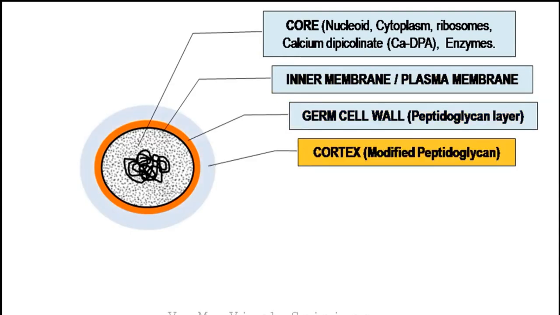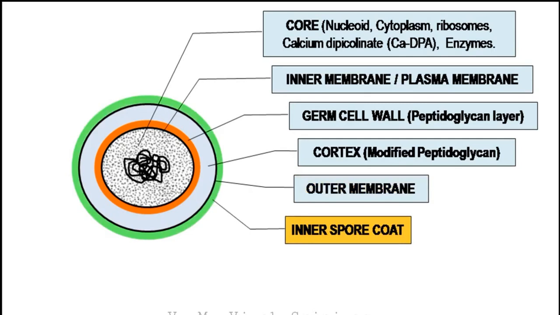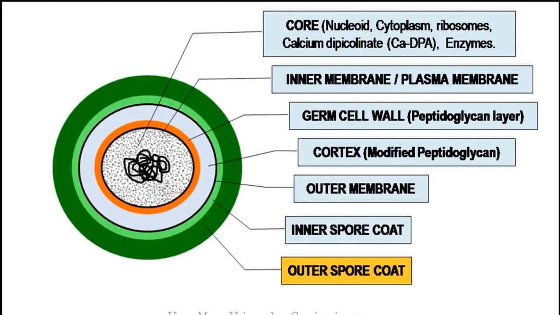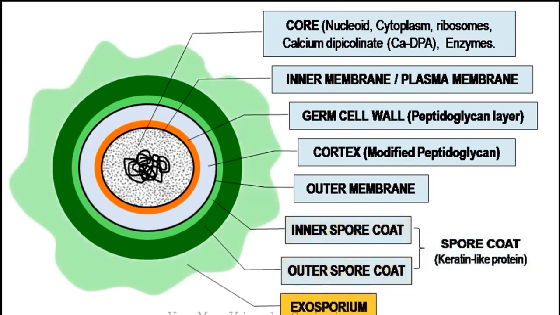This is, again, surrounded by the inner spore coat and the outer spore coat. Together, it is termed as the spore coat, which is rich in the keratin-like protein. Once this protein coat is formed over the cortex, the spores get matured. Some spores form an additional layer called the exosporium. So, this endospore is a multi-layered structure which protects the genetic material inside the core.